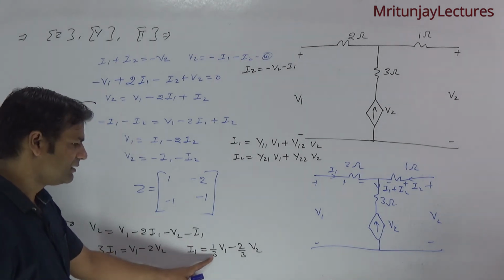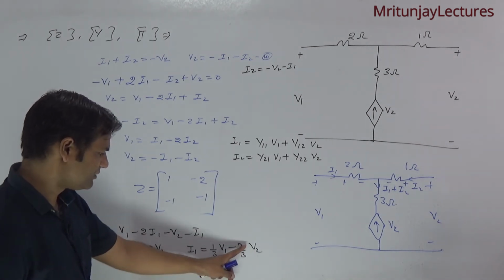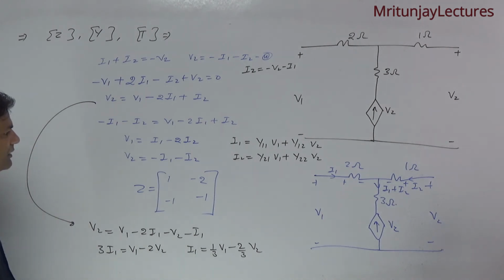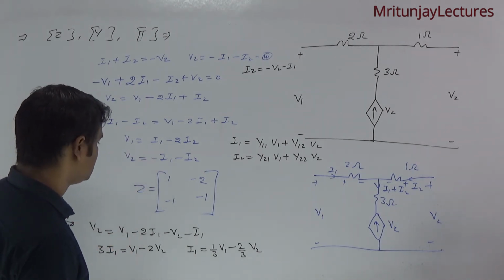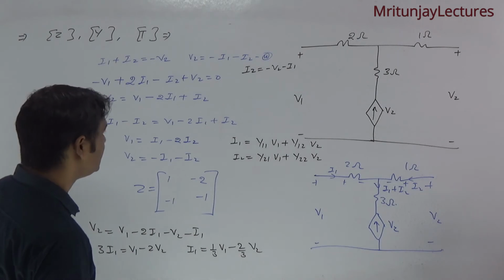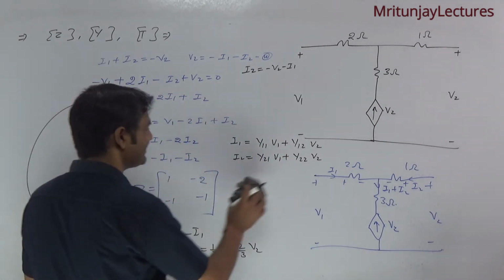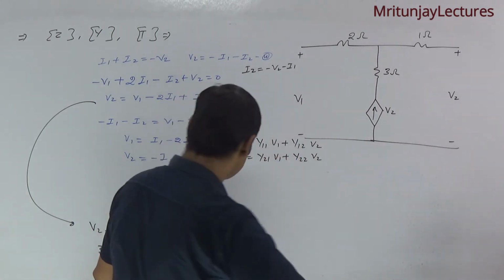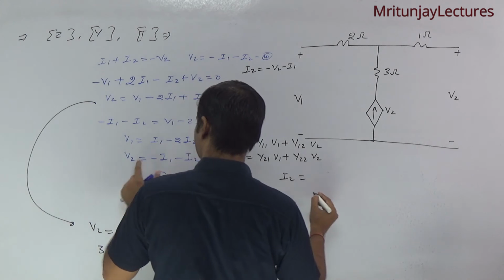After that, if this value is put here, our next target is in terms of I2.